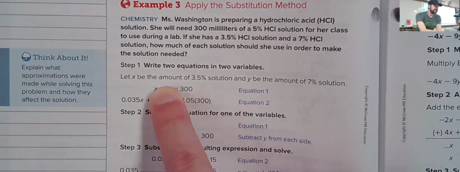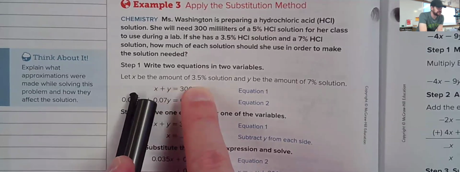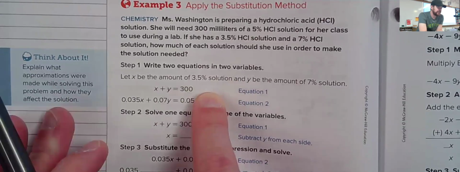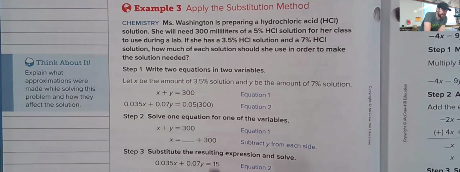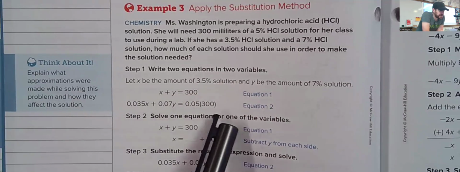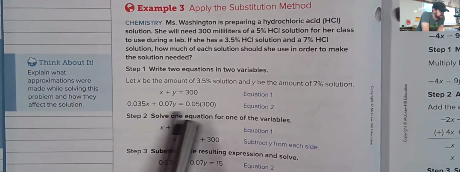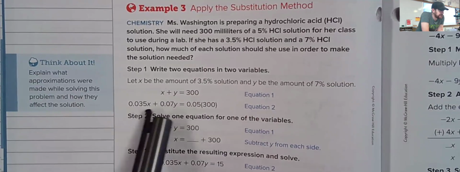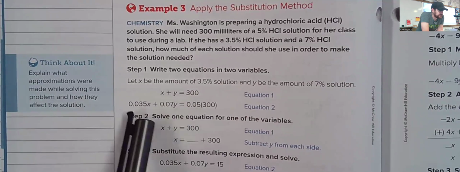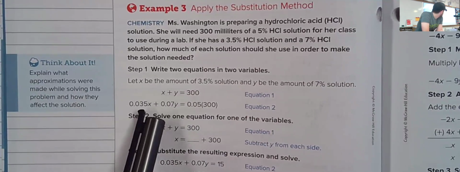So it says, let the X amount be the amount of 3.5% solution, and the Y be the amount of 7% solution. Now, on the opposite end, we know that the second equation ends up needing to be a certain amount of 3.5% solution, which as a decimal is 0.035.